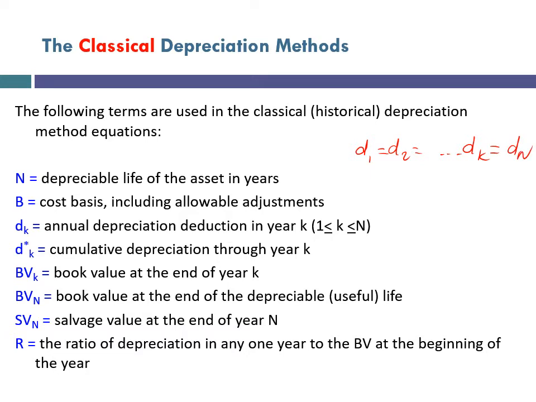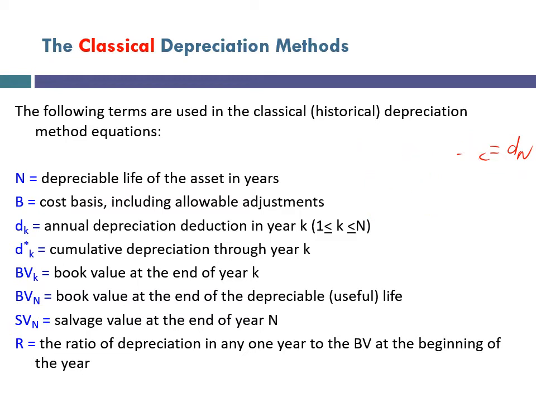But there are some other methods like declining balance method, or units of production method, and so on. In those methods, the depreciation in one year can be different than the depreciation in another year. And simply D1 represents the depreciation amount in year 1, and D2 is the amount of depreciation in year 2.